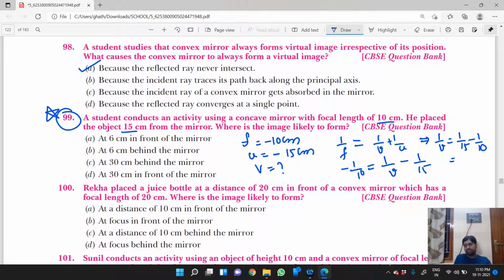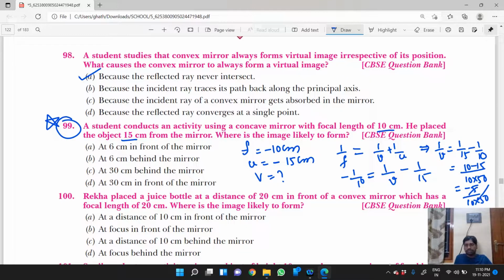Taking the LCM as 10 into 15, it becomes 10 minus 15, so it is minus 5 by 10 into 15.